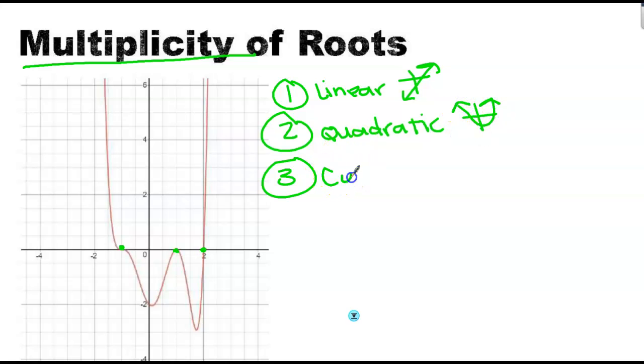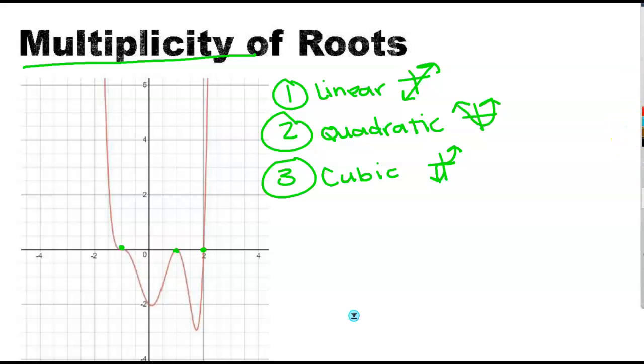Or finally, I could have a cubic, which looks like a cubic. I don't really know what else a cubic looks like. So a linear location would have a multiplicity of 1. A quadratic location would have a multiplicity of 2, and a cubic location would have a multiplicity of 3.